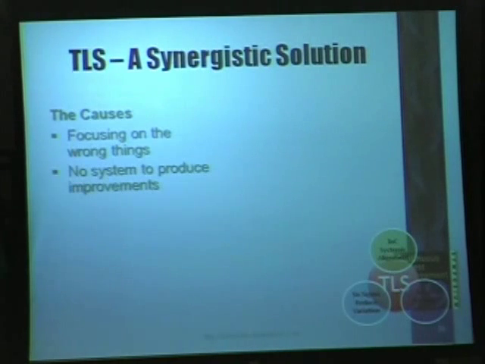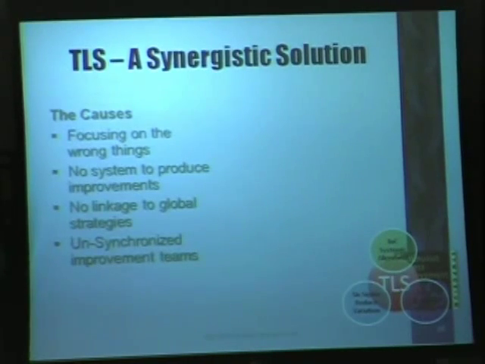In other words, we don't have a process to manage our continuous improvement process. So we get weird results. We don't link them to what the global strategies of the business are, and we get teams that are scattered. And we don't get a change in our culture.